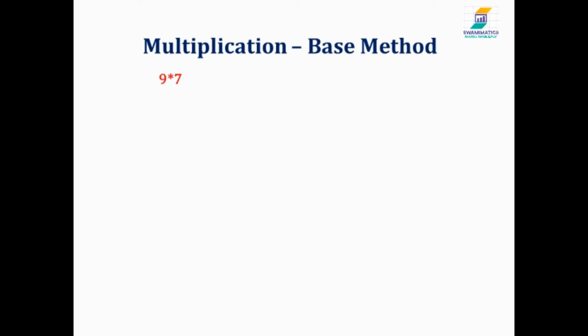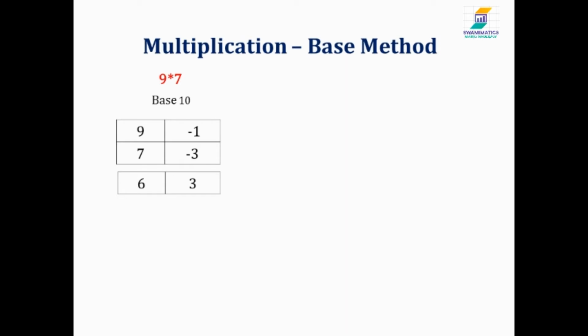So first I write the numbers one below the other, and then on the right side of the numbers, I write the difference between the number and the chosen base. 9 is 1 less than 10, 7 is 3 less than 10. So you have minus 1 and minus 3 recorded, and when you do the cross operation, 9 minus 3 is 6, 7 minus 1 is also 6, minus 1 into minus 3 is 3, so your answer is 63.